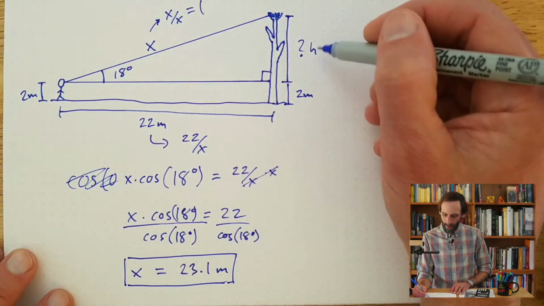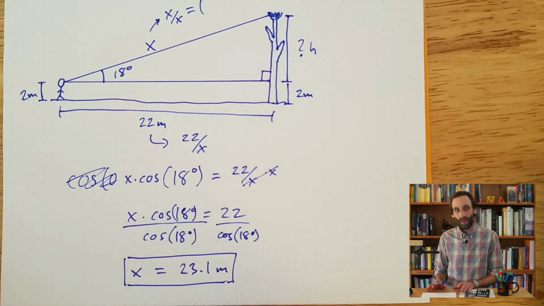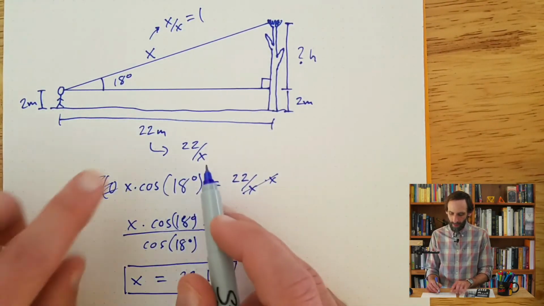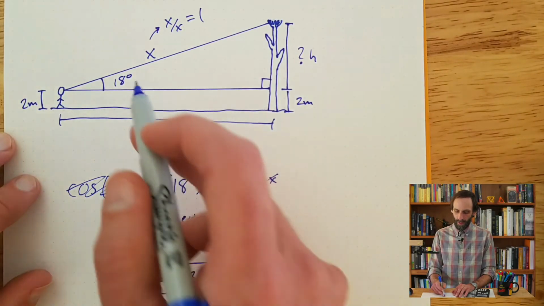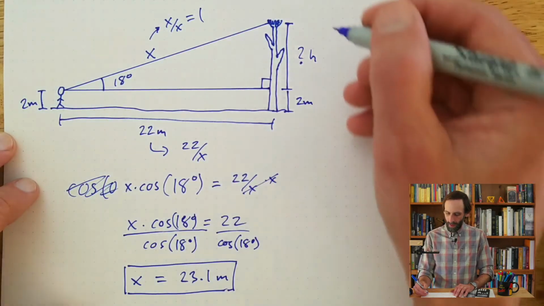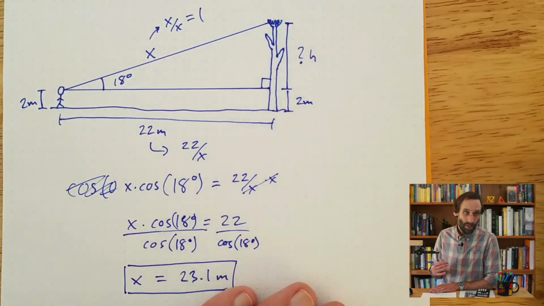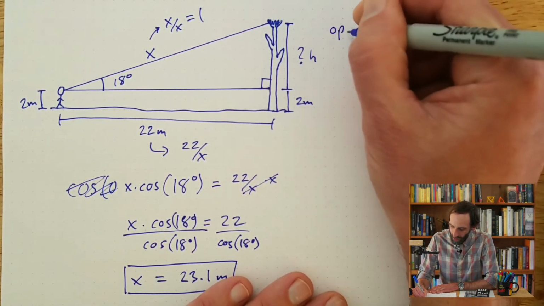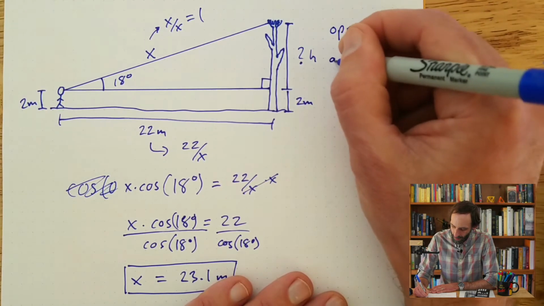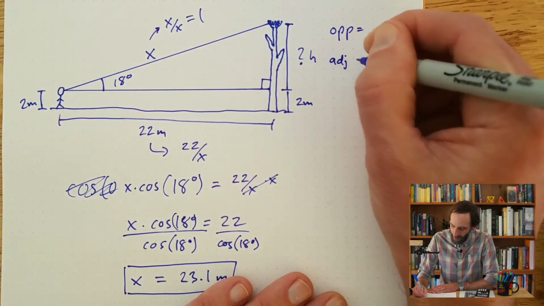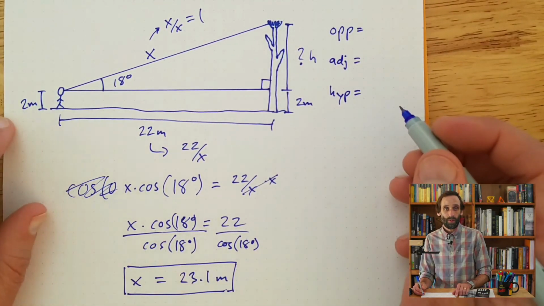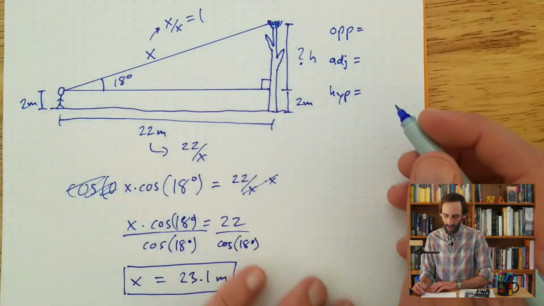Okay, so how do I find this height? Well, this one I'll solve in the more conventional way, rather than dividing everything by the hypotenuse as I did here. My approach is to do what I did in the last problem and just write opposite, adjacent, and hypotenuse, and find out what the values are from the problem.